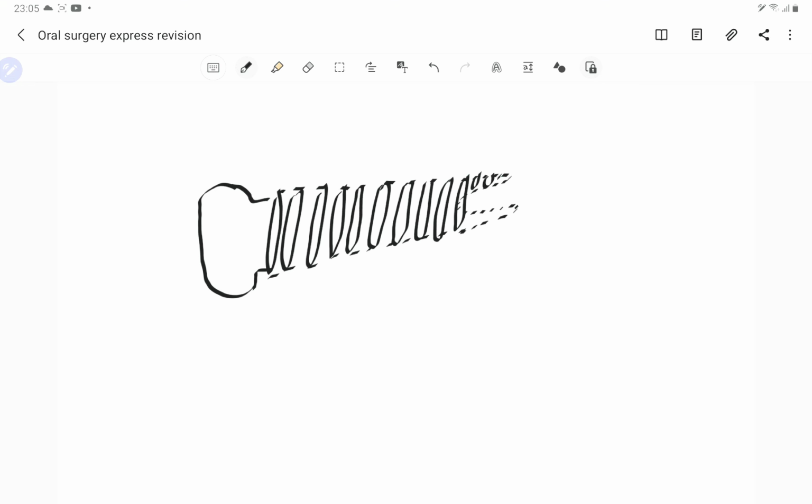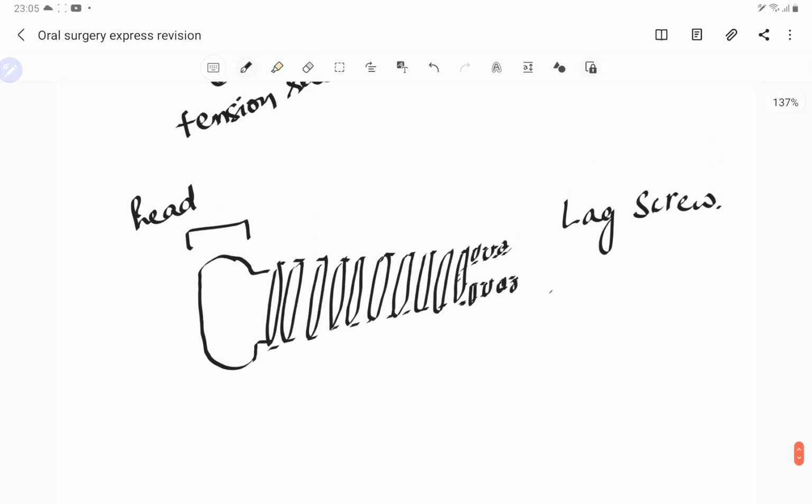So these are the lag screws. You can say lag screw. So there is a head. Head can be locking or non-locking. If the head has threads, we call it locking. If it has no threads, then we call it non-locking.